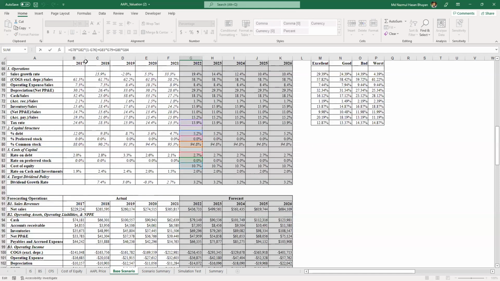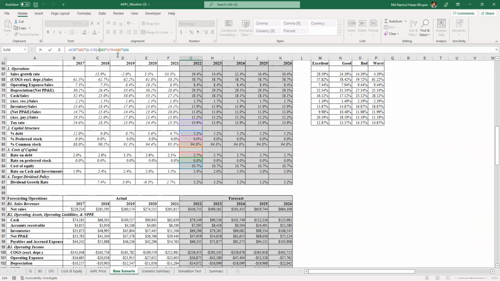So you can see here, we apply the weight of debt over the cost of debt, and then we actually take the net cost of debt, net of the interest tax shield, which is 1 minus tax rate, then plus our weight for preferred stock, and then our rate on preferred stock.